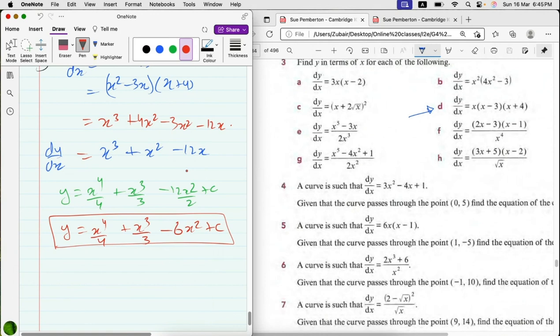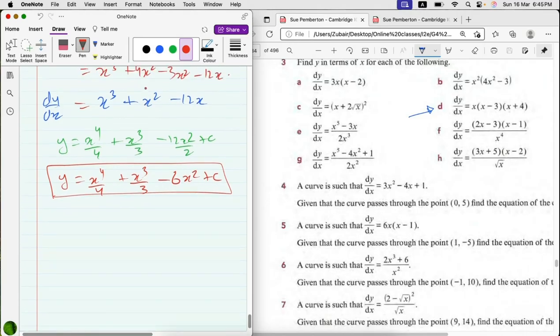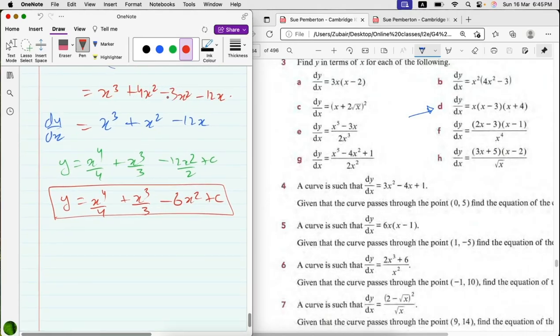No, no. Okay, just tell me, did you get this line at the top? x cubed plus x squared minus 12x. No. Okay, you're getting 4. That was actually plus 4 and minus 3. Also, we could simplify it. Yes. Then you get plus 1x square. Okay, I see. Okay.